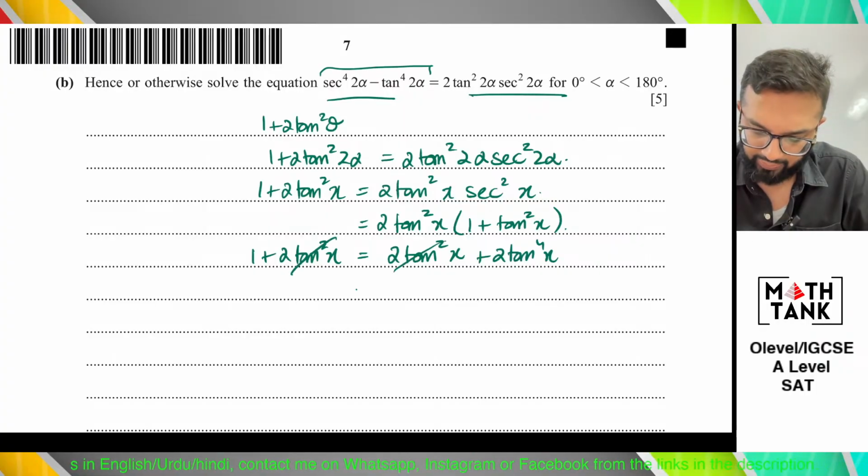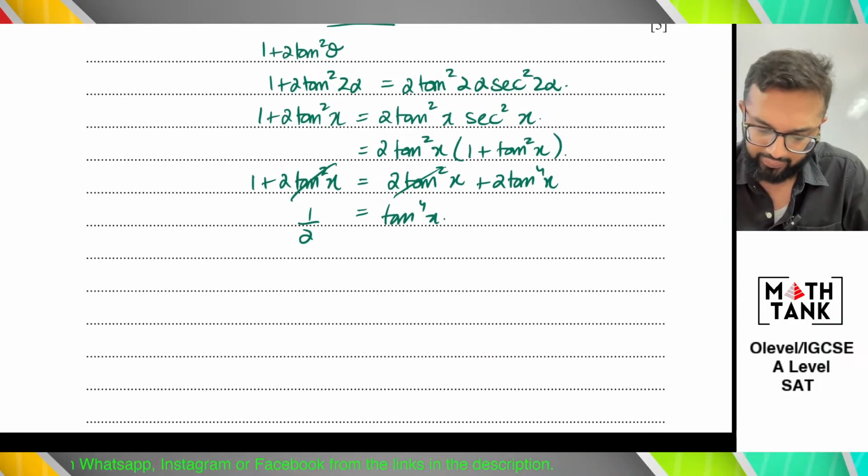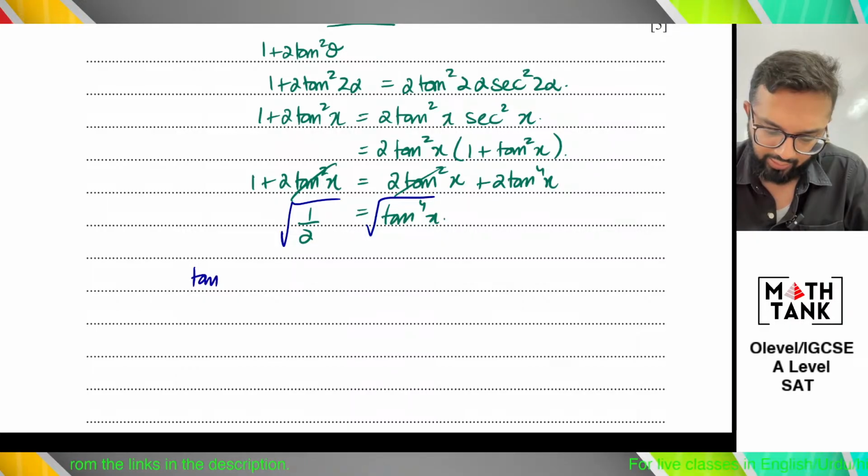Okay, this will cancel out. I have half tan power 4x. I take a root. So tan power 4, fourth root.